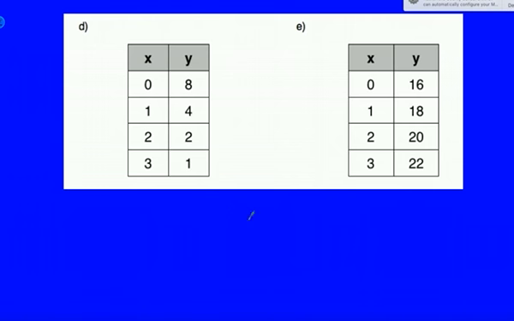On D and E, we're given a table, and we have to determine if it's a linear, a quadratic, or an exponential based on the table. So remember, when you're given a table, you're always going to look at your Y column and see what's happening in your number values. So a linear is going to add or subtract.